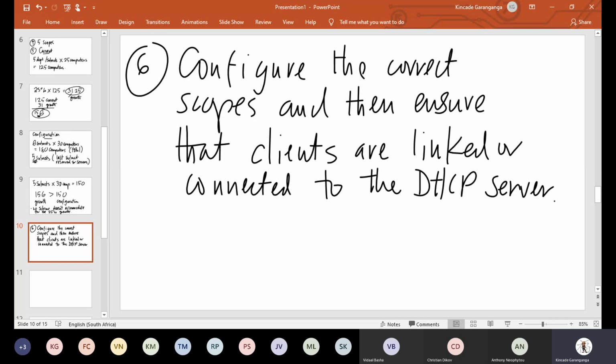Remember, we've mentioned before that your server is a dedicated machine within your network environment that is responsible for a specific service, or that provides a specific service. But remember, those services can only be gotten if the client is directly linked to your server.